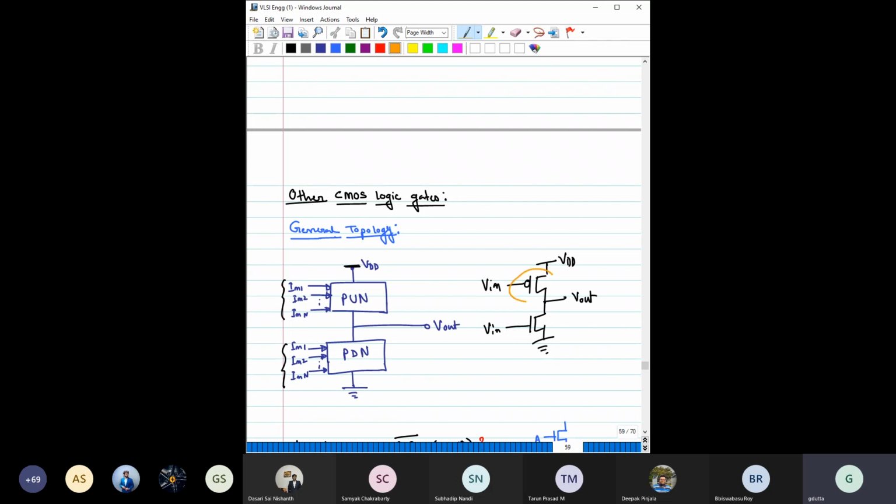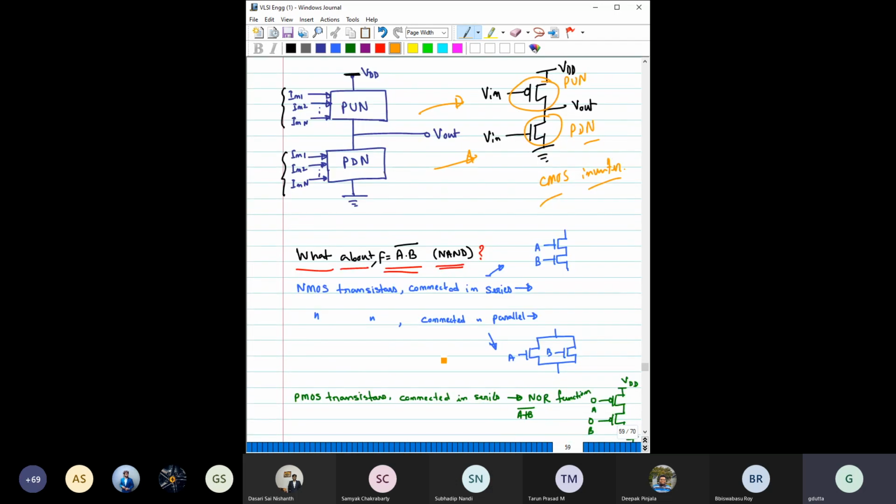So this basically gives the pull up network and this basically gives the pull down network, right? So you can see that from this general topology also we can arrive at this CMOS inverter again. Okay. Now the question is, what about some other gates?